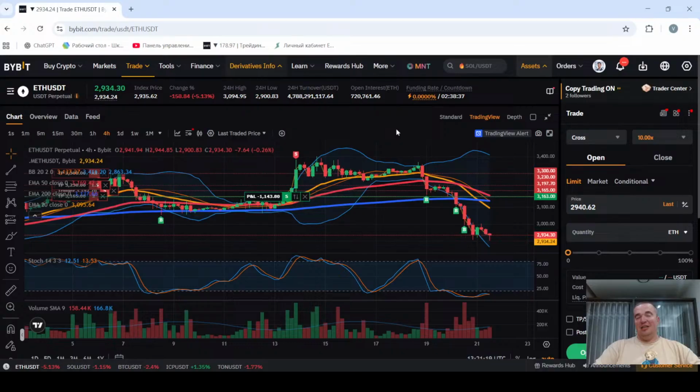You see, it has a shadow from the bottom, but maybe it's another scenario when the price will say, okay, let's consolidate even more. Like here on the 1 hour graph, you see that it's consolidating even more. So really the market is waiting, the market is consolidating and deciding what to do.